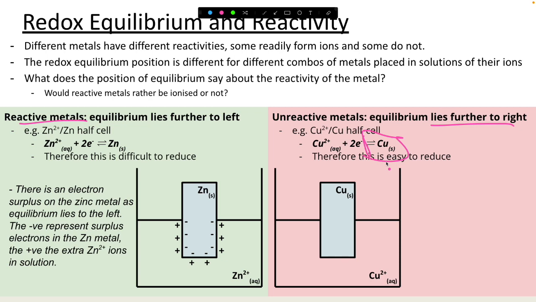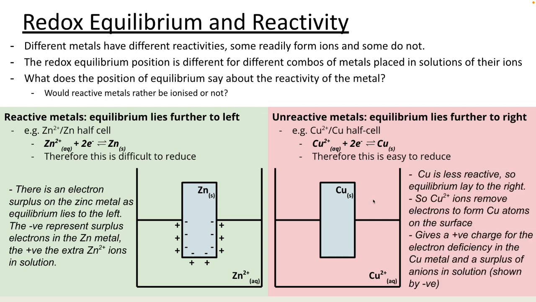So what does this mean? This means that it's easy to reduce because it wants to go in this forward direction. Or we could say the opposite, it's difficult to oxidize. So that has the opposite situation over here, where we end up with a surplus of positive charge on the electrode. So the copper is less reactive, so equilibrium lies to the right-hand side. So the copper ions remove electrons to form the copper atoms on the surface.